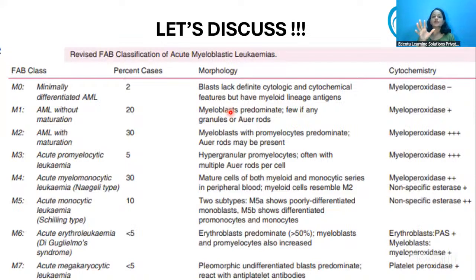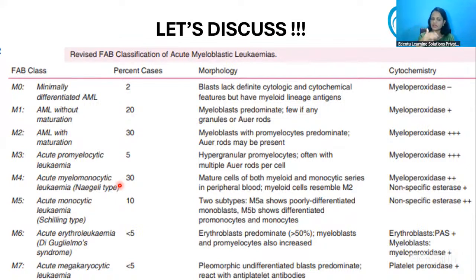In acute myeloid leukemia, a classification was given by WHO and FAB. FAB means French-American-British classification. This table gives the FAB classification of acute myeloid leukemias. In it, AML is classified from M0 to M7, based on its histopathology and cytochemistry.